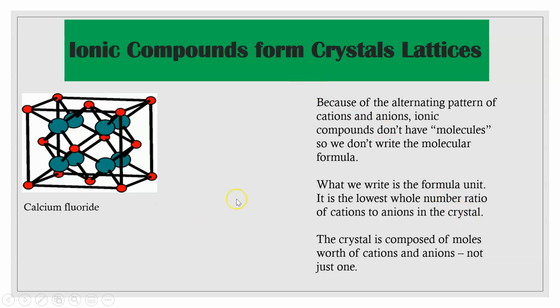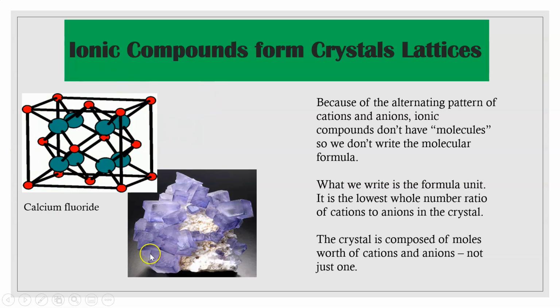So here's another substance, calcium fluoride. You can see here the big ones represent calcium, the little ones represent fluorine. If you were to count, you would find that for every 1 calcium, there are 2 fluorides, because that's the formula. This creates a more oblong crystal. So if you look at this, you can see these crystals are more rectangular than cubic. Depending upon how the ions pack within that crystal, you get different shapes.